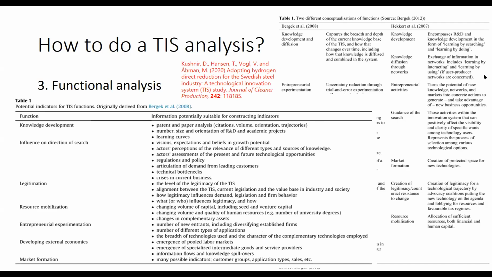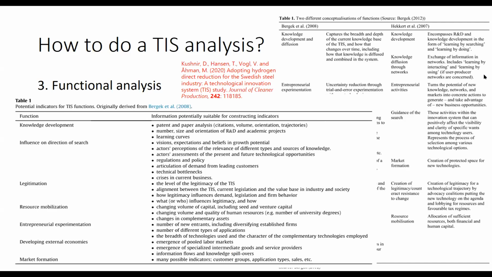Well, the clearest answer is maybe to say that one can use all sorts of available information that may inform a functional assessment. In our paper on steel, we distill a list of potential indicators from the original Bergek et al. paper, and it includes a lot of different types of information that you might access through very different techniques.